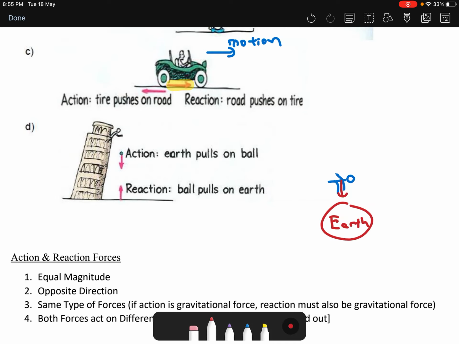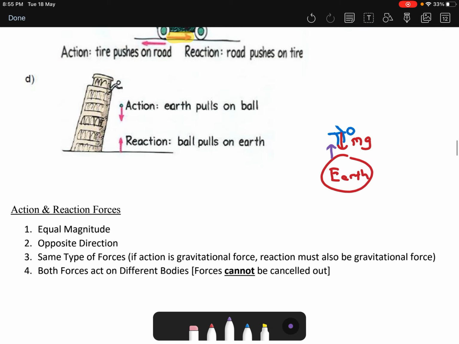This is what we call weight. But I am actually also exerting a force on the earth. It's equal magnitude, just opposite direction. But how come the earth is not moving towards me? It's because the earth is so much more massive than me.